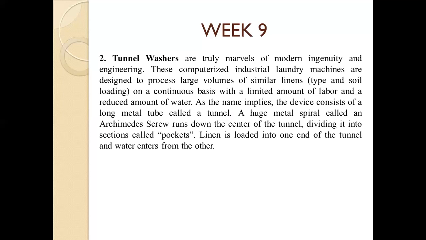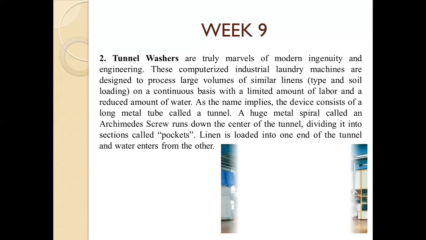The proper chemicals are added along the way, and linen is forced in one direction and water in the opposite direction, allowing the linen to move to progressively cleaner water and fresher chemicals. These are the tunnel washers.